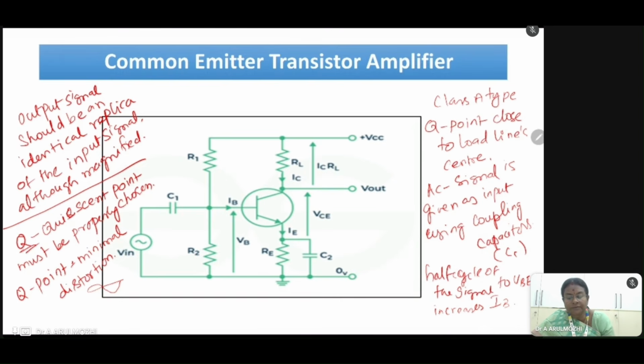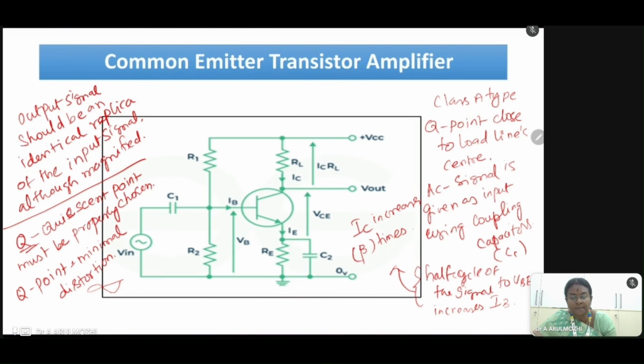As a result of this, IC, the collector current, increases. There is a limit to how much the collector current is increased: it is beta times.